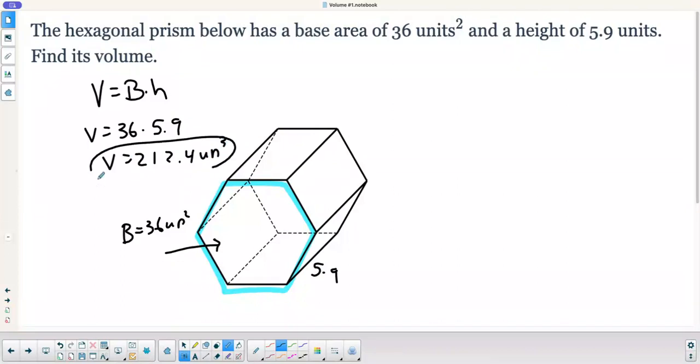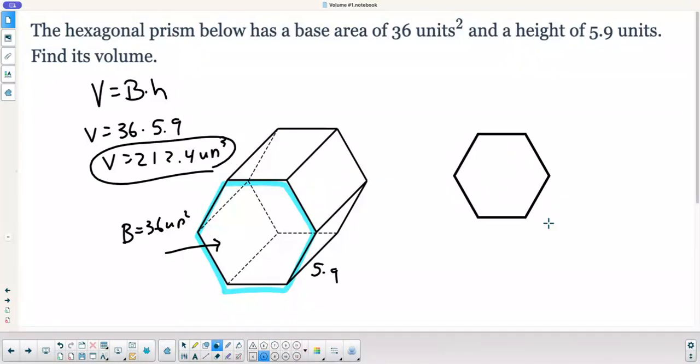cubic units. Now it's also important to understand that they gave us the area of this base. It could be possible that you get a hexagon like that, and maybe they only give you this side and say this is 10, and say find the volume.